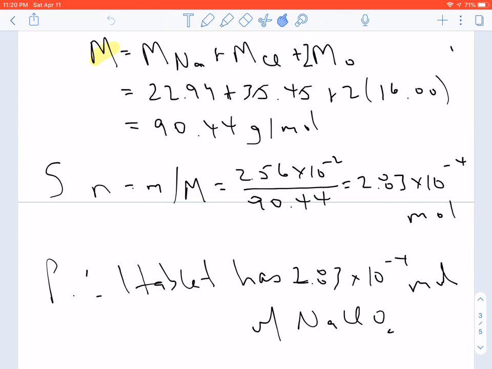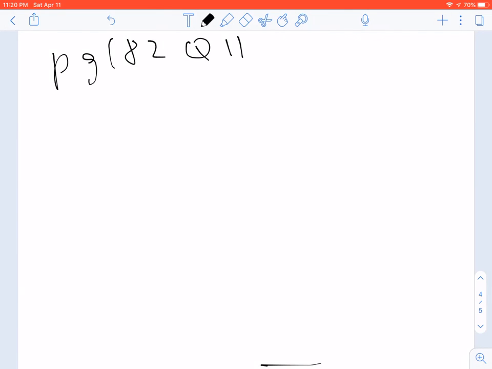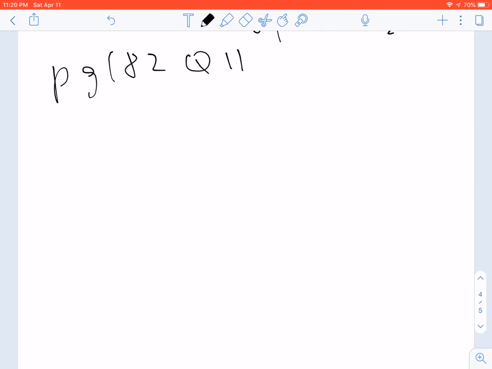All right, so let's start fresh. If I go to page 182, let's start with question 11. Let's start with a hard one. Let's start with 11C.